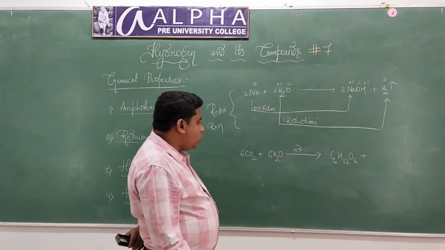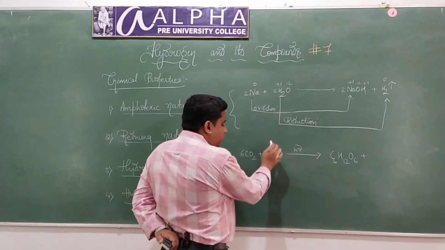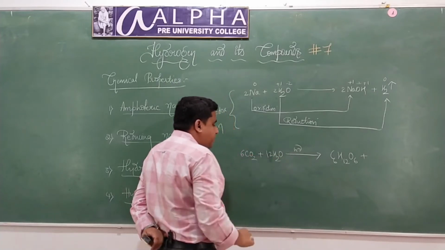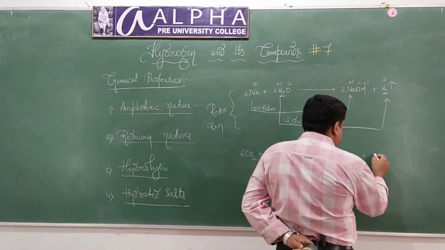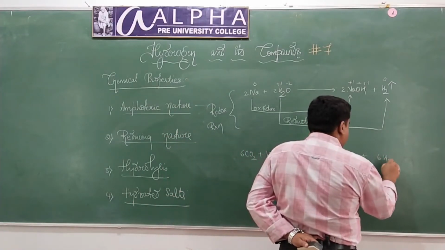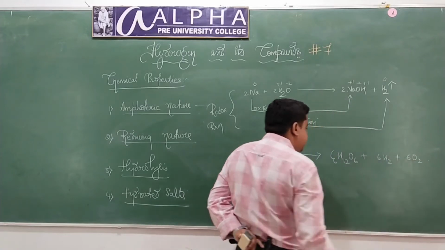C6H12O6. Sorry, it is 12H2O: 6CO2 plus 12H2O gives C6H12O6 plus 6 molecules of water and 6 molecules of oxygen. Is it balanced now?